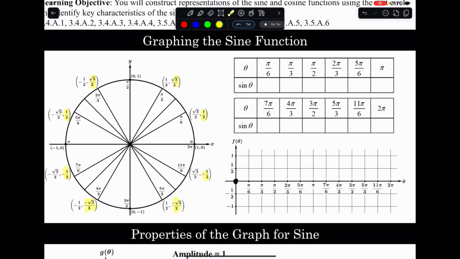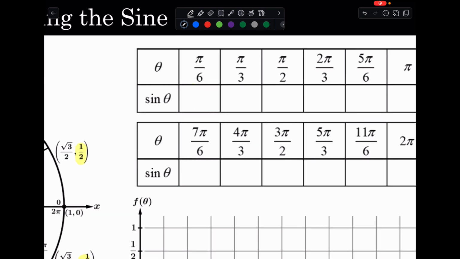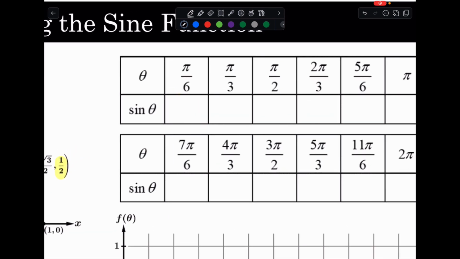So if I look at the first example, the first coordinate at pi over 6, well, let me start at pi over 3 because I know I have this one memorized. At pi over 3, since the denominator is 3, I know that sine will be radical 3 over 2.